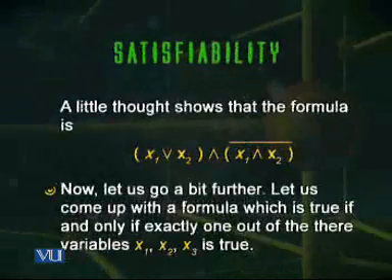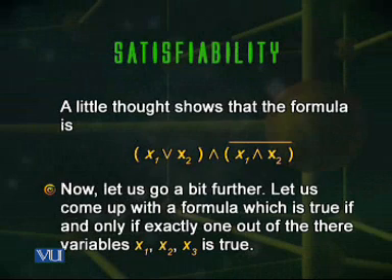Now let's do something slightly more complicated. Now what we want to do is go a bit further and come up with a formula which is true if and only if exactly one of the three variables x1, x2, x3 is true.